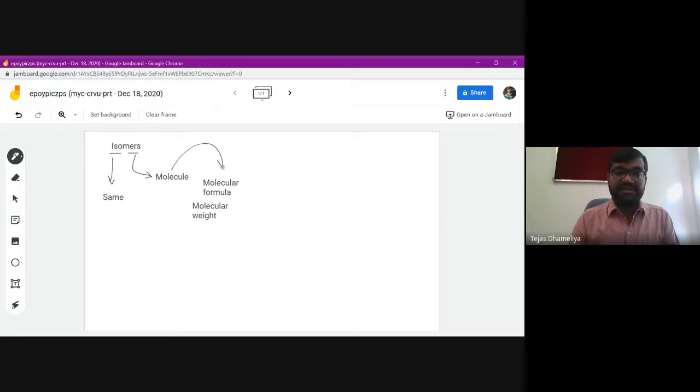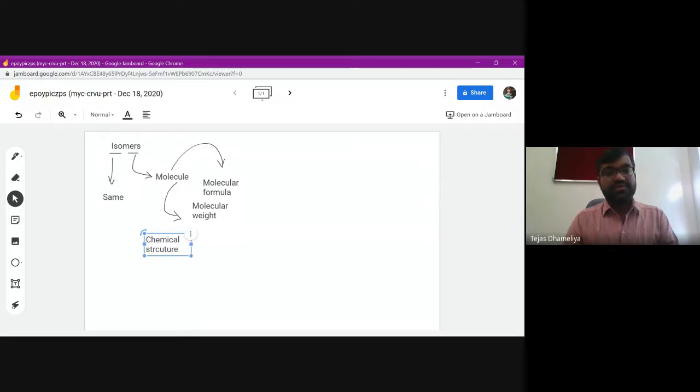However, these substances have a different type of property, that is their chemical structure. The chemical structure of all these compounds is different.